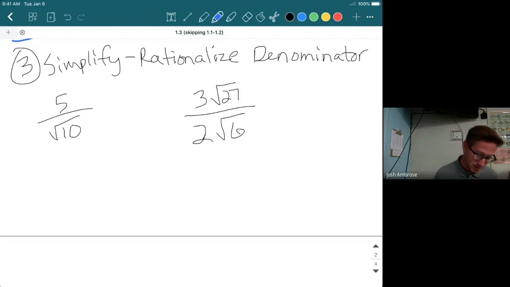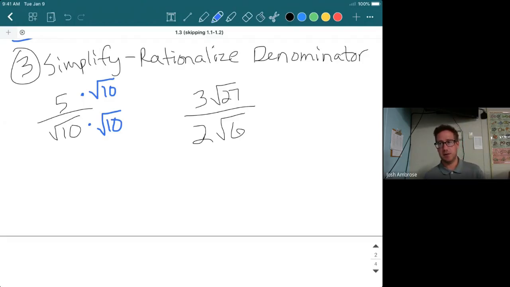All right, so let's take a look. 5 over radical 10. How do we get rid of radical 10? How do we rationalize this? By multiplying it by itself, which means multiplying it by another radical 10. And in math, what you do to one side, you have to do to the other. So we need to multiply the top by a radical 10 also.